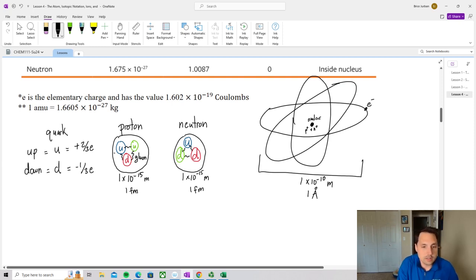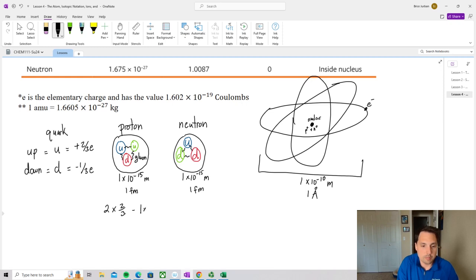And now, how do we get the charges here? Well, if we have 2 up quarks, an up quark is a 2/3 positive charge, and a down quark is a negative 1/3 charge. So 2 times 2/3 is 4/3 minus... Oh, wait a second.